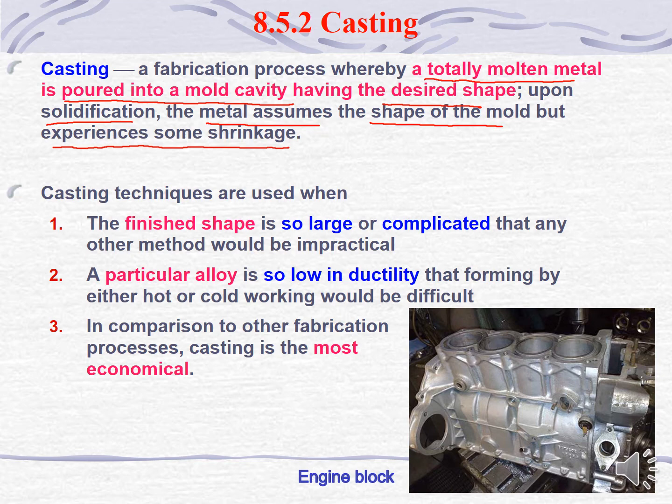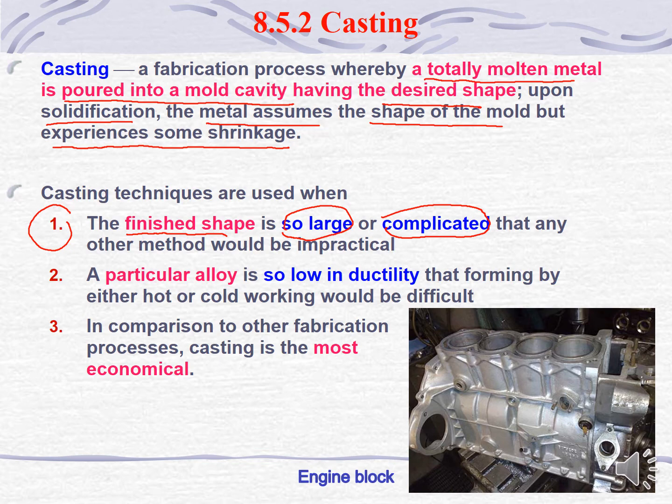There are 3 conditions where these casting techniques are needed. One is when the finished shape of the product is so large or complicated that any other method would be impractical. So, casting is the best method to be used.